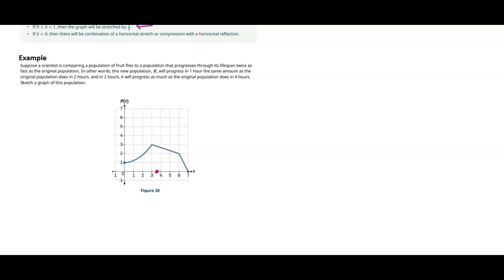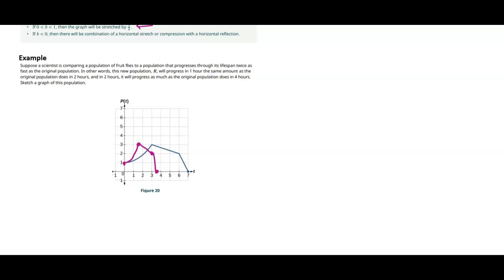So 1 hour is the same as 2 hours. So we're going to start here still, but then we need to make that completion happen twice as quickly. So again, any of my known points, I'm just going to pull in here, and then I'm going to have a very similar graph to that there.